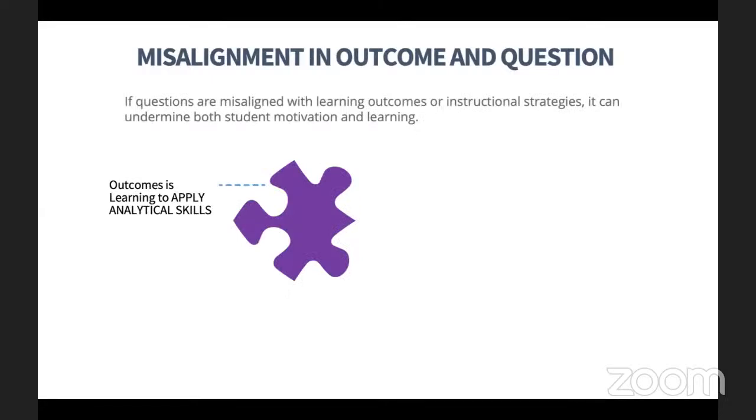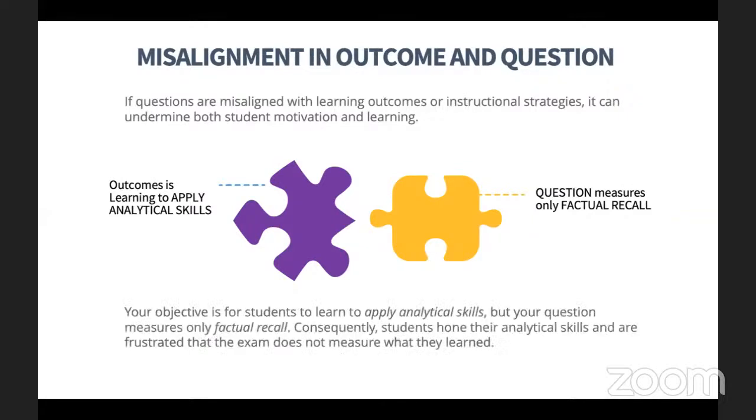First of all, the outcome that you wanted to achieve was applying analytical skills. But in the assignment that you are planning to conduct, the questions are only targeting factual recall. Something that is there in the memory, they are supposed to just recall and write as an answer, and that's it. So this is a misalignment. What will happen here is that many students could score good marks.